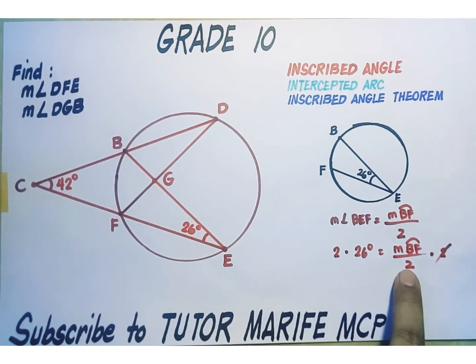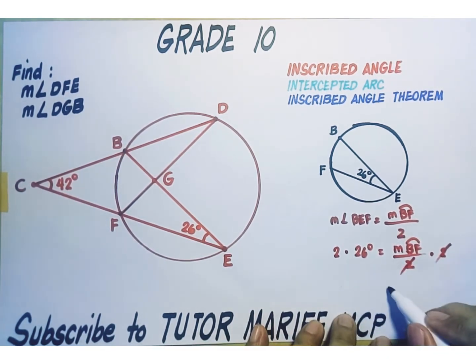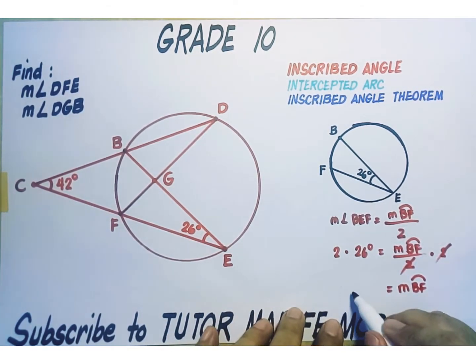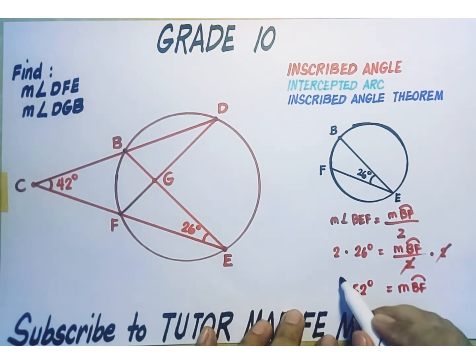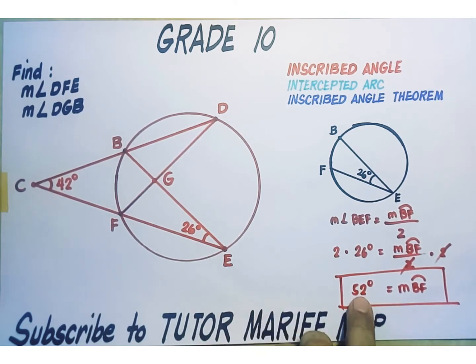This will cancel out the denominator on the right side of the equation. Therefore, measure of arc BF is isolated on the right side. Find the product on the left side. 2 times 26 equals 52 degrees. This is the measure of arc BF. We get 52 degrees.